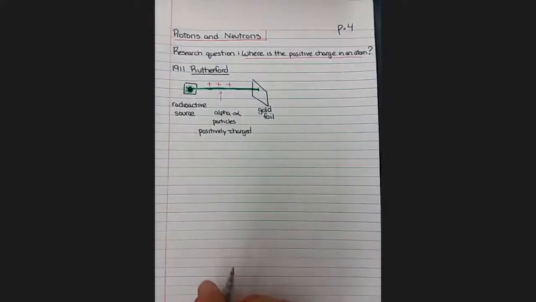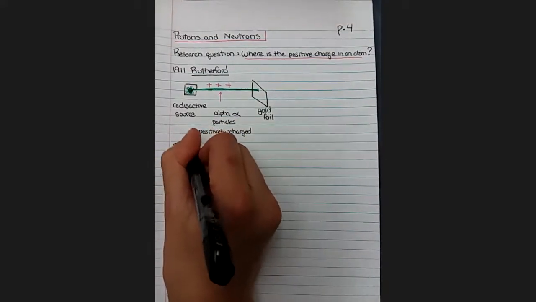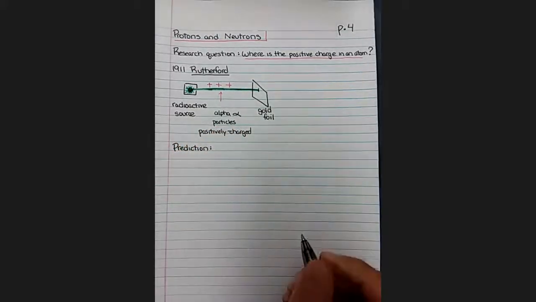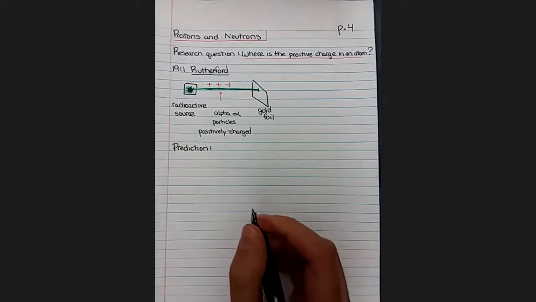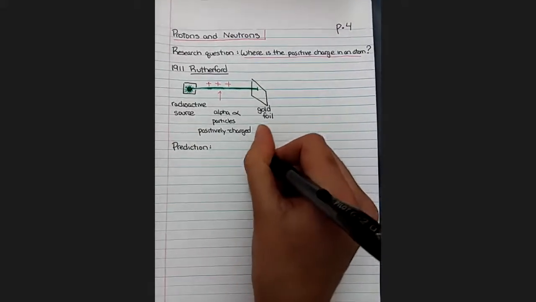Whenever you do an experiment, you have to have a prediction about what you think might happen. We can guess what Rutherford's prediction was based on the current view of the atom at the time, which was the plum pudding model.